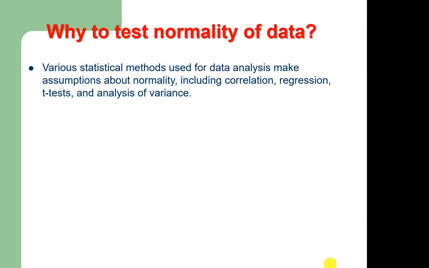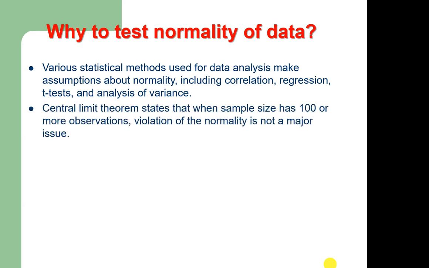Various statistical methods which are used for the analysis of data make assumptions about normality, and those methods include correlation, regression, independent sample t-test, paired t-test, and analysis of variance, etc. Similarly, the central limit theorem also states that when the sample size has 100 or more observations, then violation of the normality may not be a major issue.